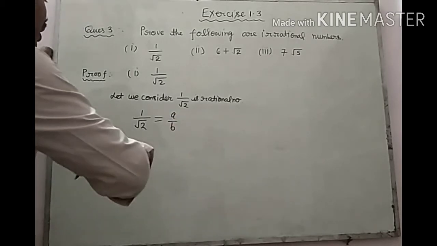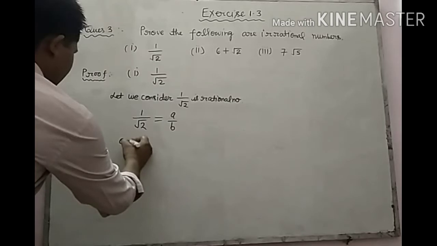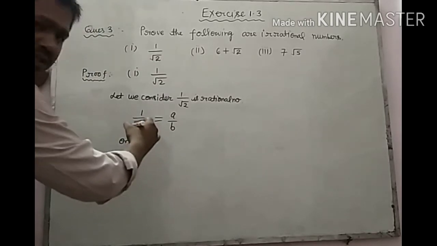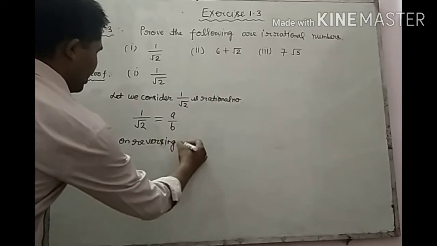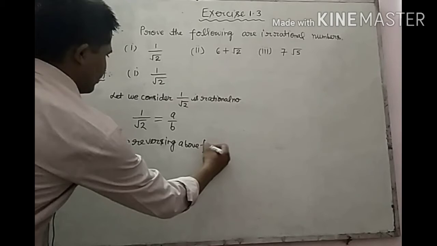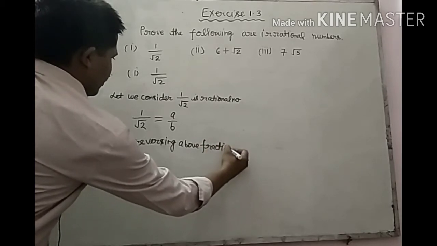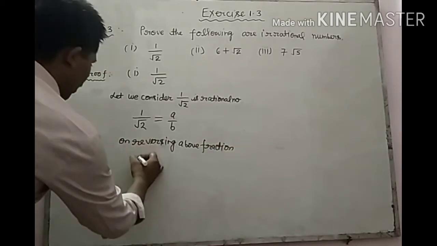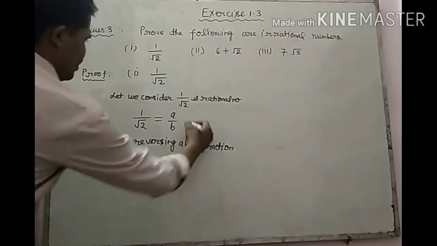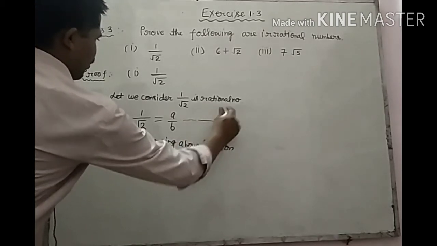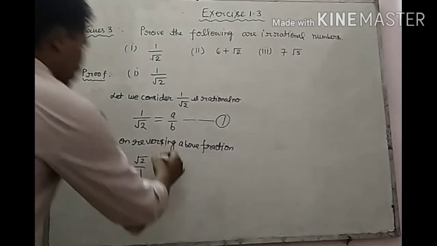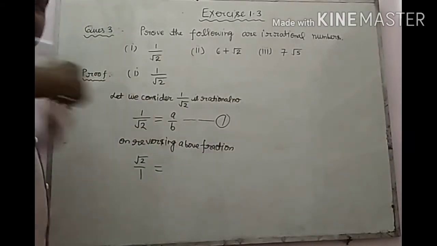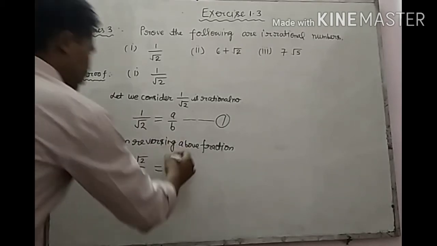On reversing the above fraction, we have root 2 upon 1, equal to the inverse of a by b, which is b by a. This is equation number 1.